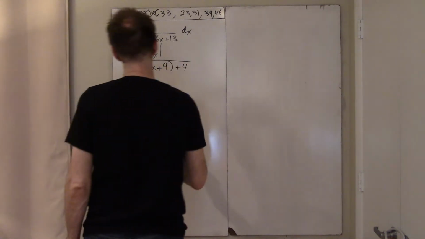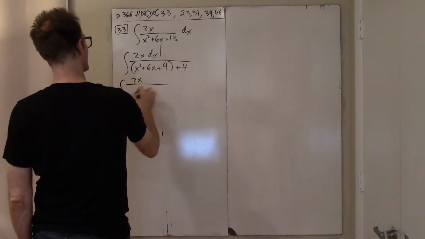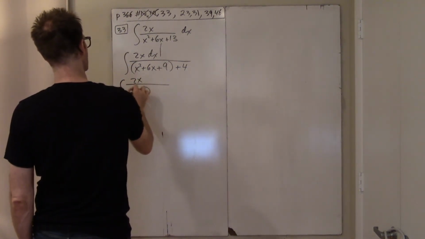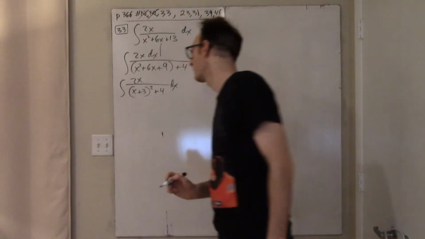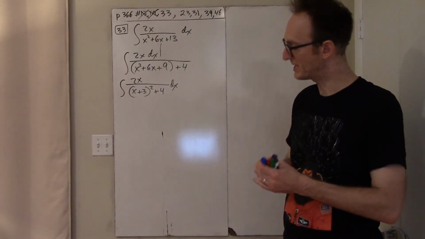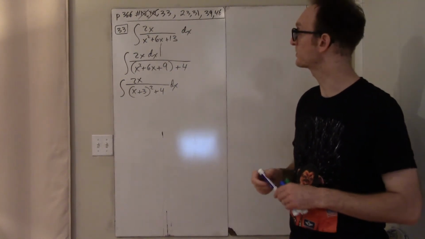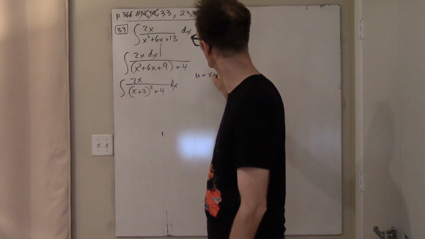And so this is really 2x over (x plus 3) squared plus 4. Once again, different people feel differently about this, but to me, I just want that x plus 3 out of my life as soon as possible. So I'm going to let u be x plus 3, du is just dx.